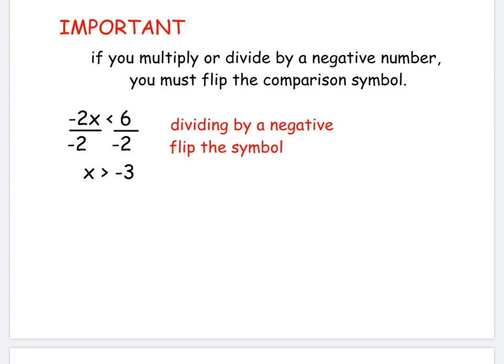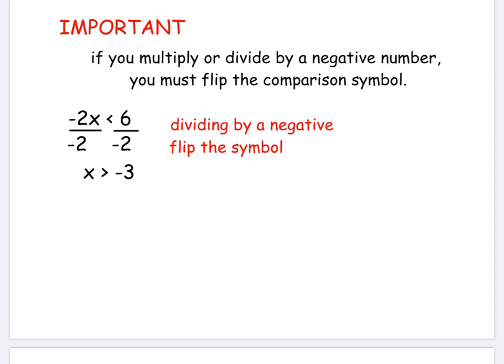Something that's really important to remember with inequalities that is different from equations is, if you multiply or divide by a negative number, you must flip the comparison symbol. So if you look at the inequality that we were given in the example, it says negative 2x is less than 6. In order to solve this, you'd have to divide both sides by negative 2 because it's the opposite of times negative 2.